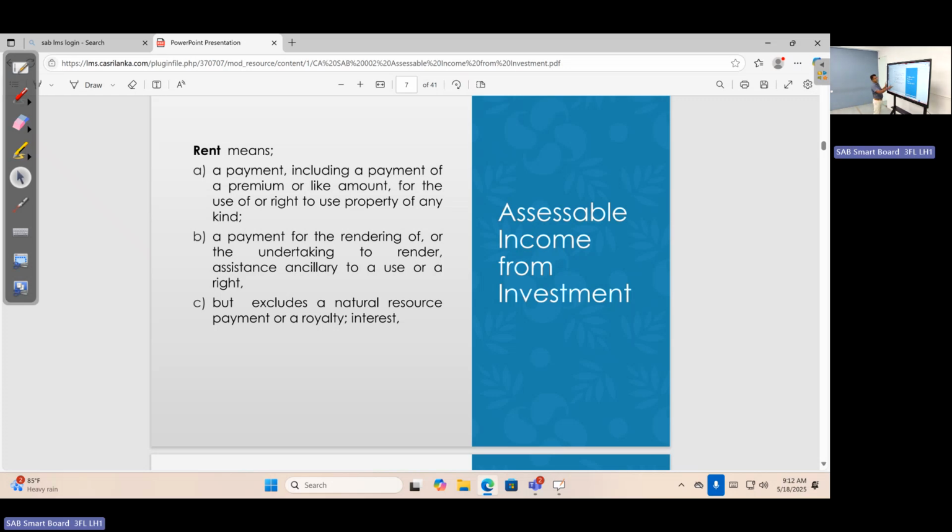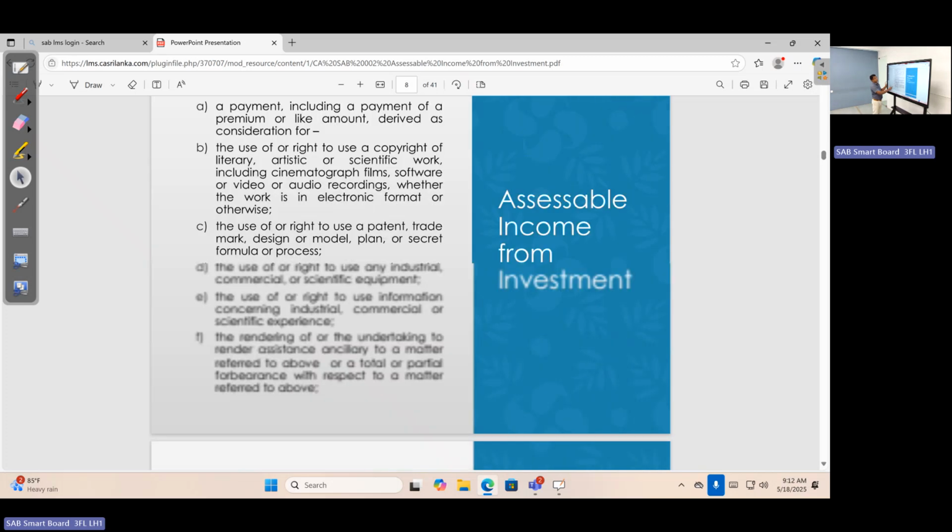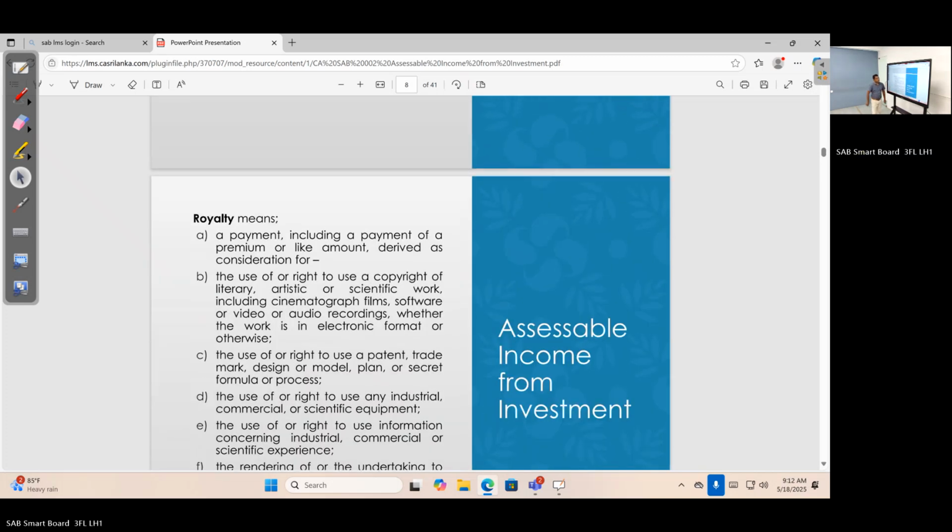Here we are removing natural resources; that is why it is separately recognized. Royalty: a payment, including a premium or similar amount, derived as consideration for the use of, or right to use, a copyright of literary, artistic or scientific work, including cinematographic films, software, video, or audio recording, whether the work is in electronic format or otherwise.